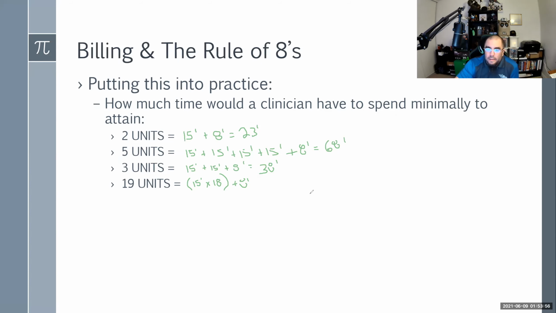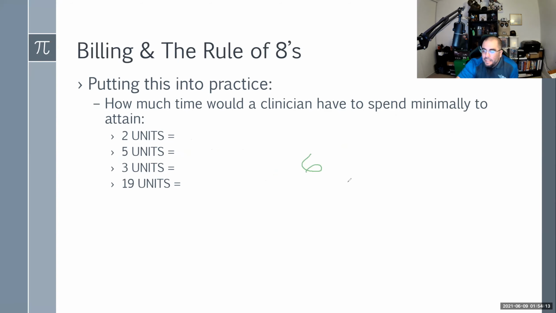So in order to get this, we would have to have 278 minutes total. So no matter what you're doing, if I was to say 6 units, how to get 6? Well, you'd have to have 15 minutes times 5, so 1 unit short of those 6, and then add 8 minutes to it. That's kind of the math.